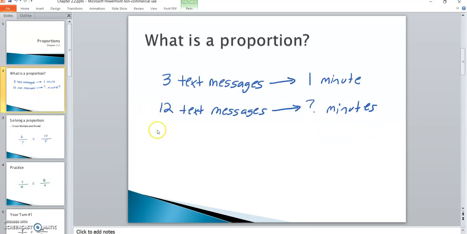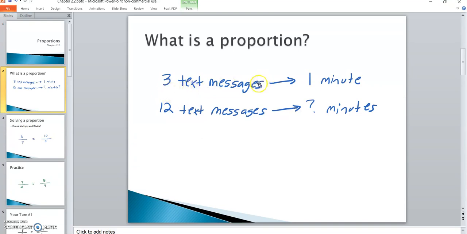So the first question you might be asking is, okay, so what's a proportion? Well, there's a lot of different examples that we can think of. In baking, if we are going to be doubling a recipe, what we're essentially doing is we're just changing the proportion. And this could be applied to cell phones.